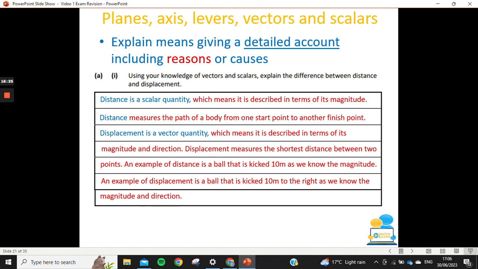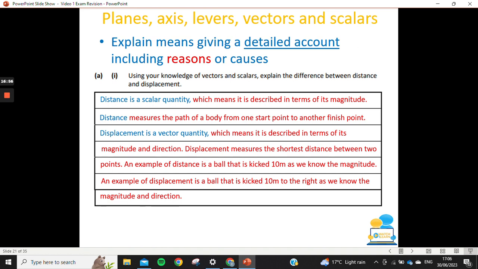However, displacement is a vector quantity, which means it's described in terms of its magnitude and its direction. So displacement measures the shortest distance between 2 points. So if a person was driving from Mallin Head to Mizen Head, they would drive for that distance, and the distance would include all of that route, whereas the displacement would be as the crow flies.